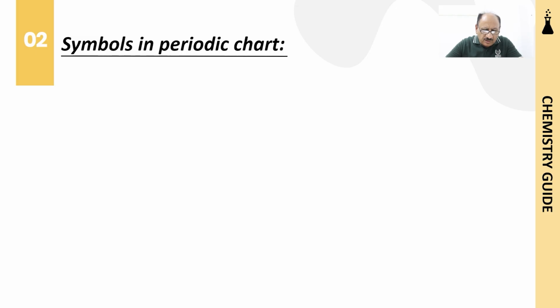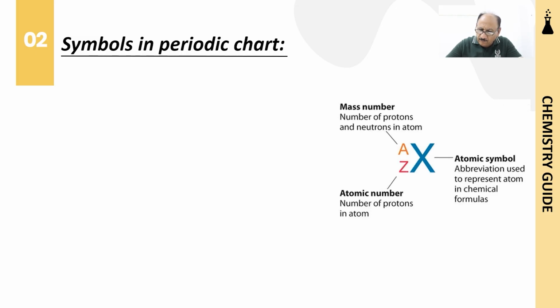Symbols are represented with a letter, like this. It's an abbreviation. It can be one letter or two letters, and these are standard. We can't change them, they are already fixed, so we have to follow the periodic chart symbols.